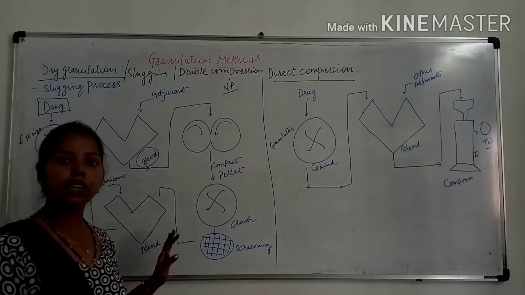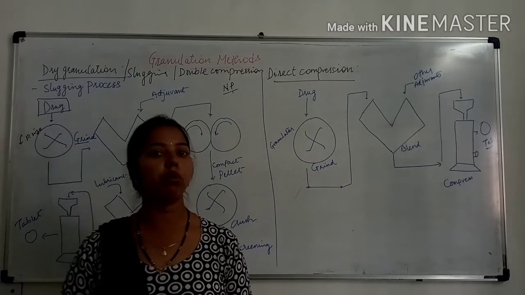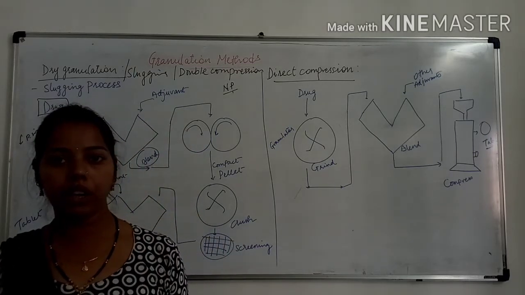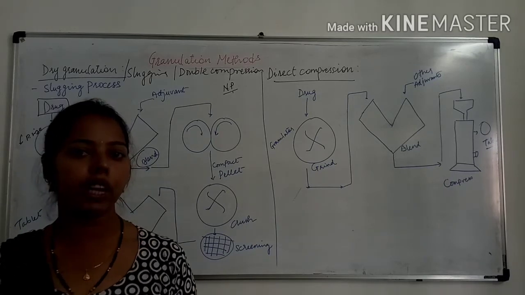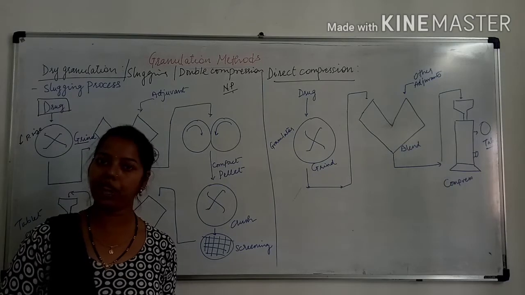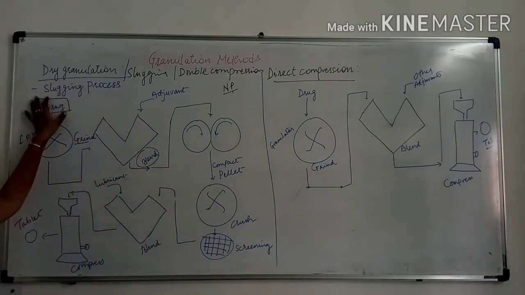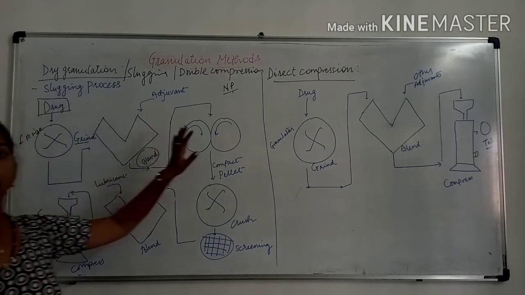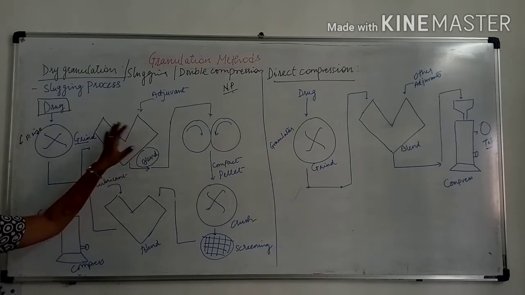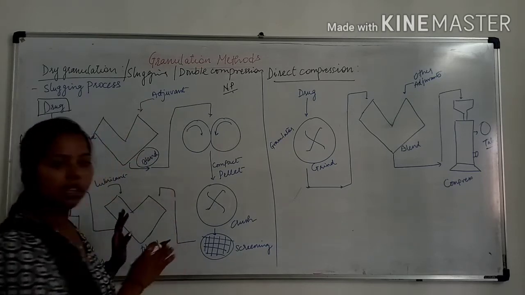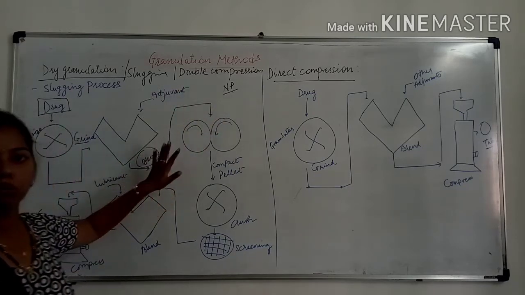As discussed in the previous video, a tablet formula has multiple contents: active ingredient, binder, disintegrating agent, lubricant, solvent, opacifying agent, sweetening agent, coloring agent, flavoring agent, etc. As in wet granulation, we do not add lubricant in the initial stages, and the same is true in dry granulation.